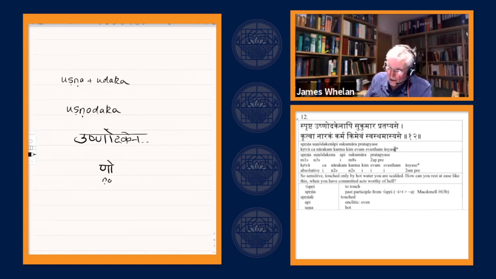So the Ushna udaka merges to become Ushnodaka. We've got that by sandhi. They merge. In the Devanagari script, this is the symbol for the joint O. It's indistinguishable from any other O.